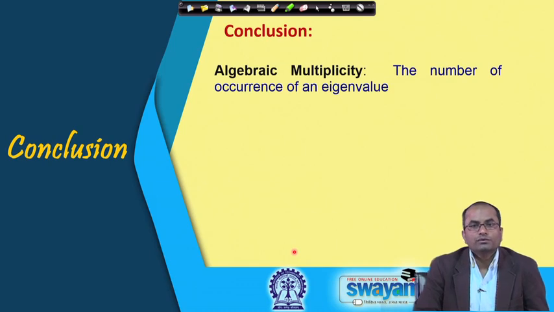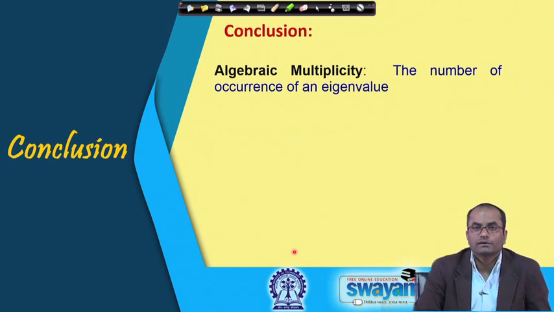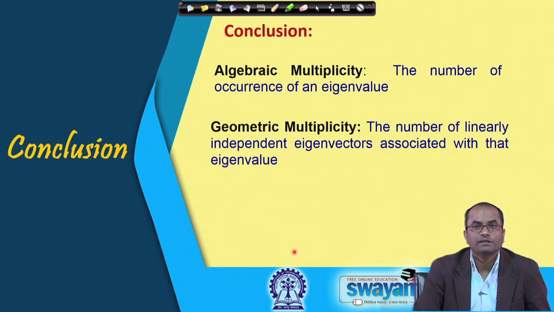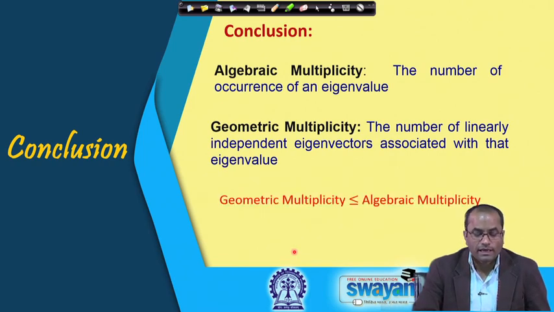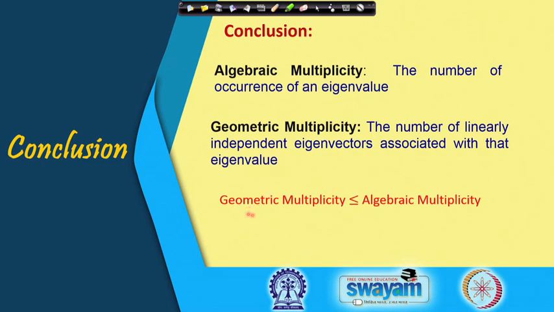Okay, coming to the conclusion. In this lecture we have talked about the algebraic multiplicity, which is the number of occurrences of an eigenvalue, and the geometric multiplicity, which is the number of linearly independent eigenvectors associated with that eigenvalue. The geometric multiplicity is always less than or equal to the algebraic multiplicity.